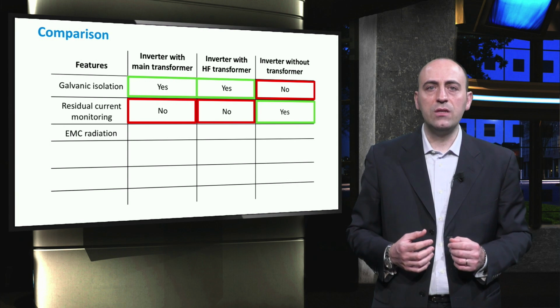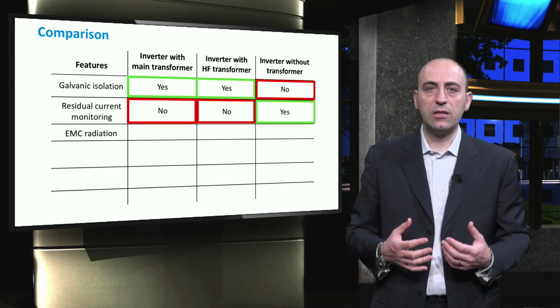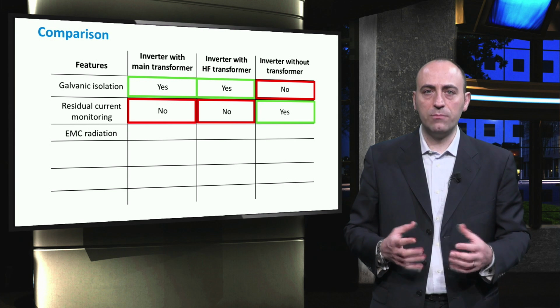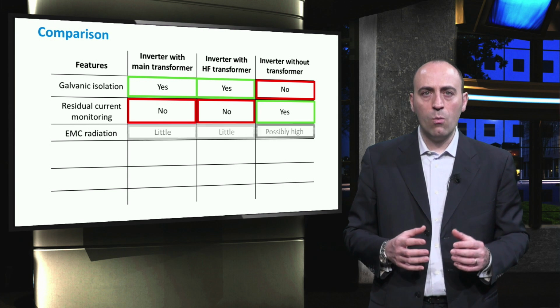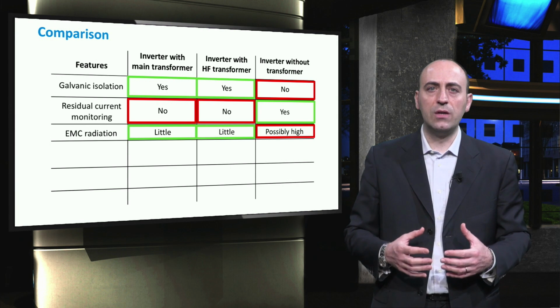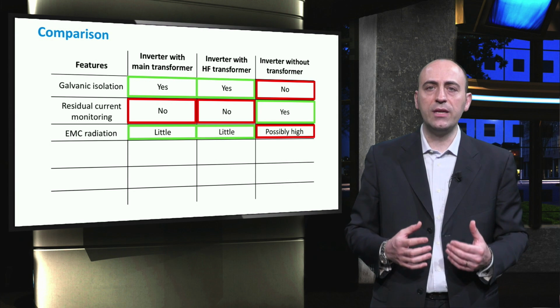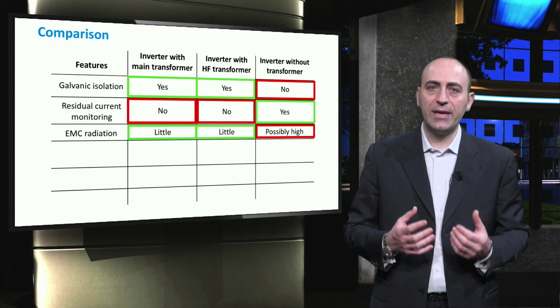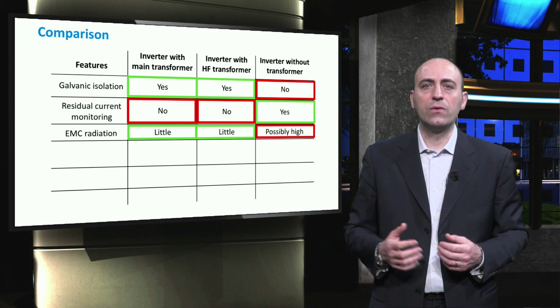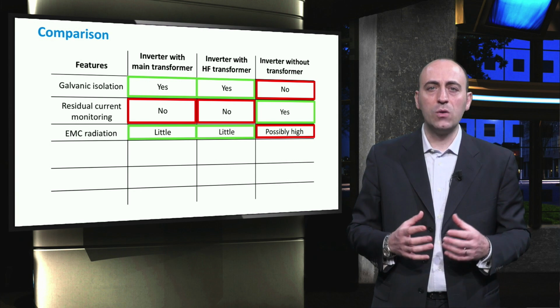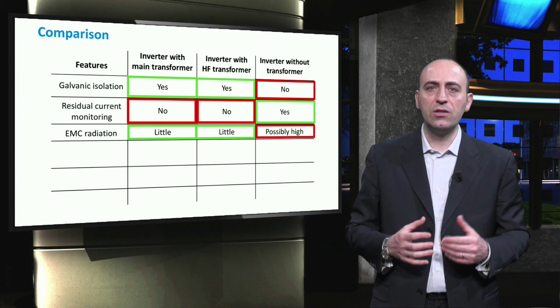Another aspect to consider is the electromagnetic radiation that may interfere with other devices in proximity of the inverter. When a transformer is used, the electromagnetic compatibility is usually achieved and the radiation can be kept under control. On the other hand, the transformerless type can possibly emit radiation that can interfere with other devices' functioning or even cause physical damage.